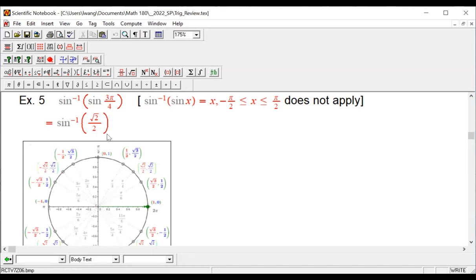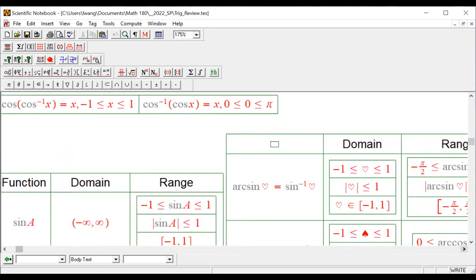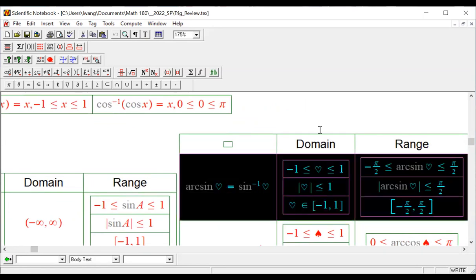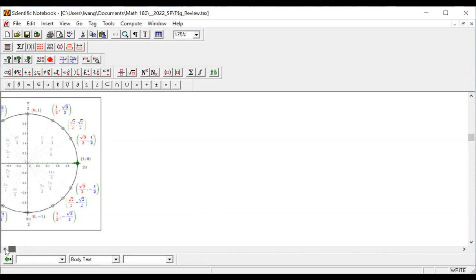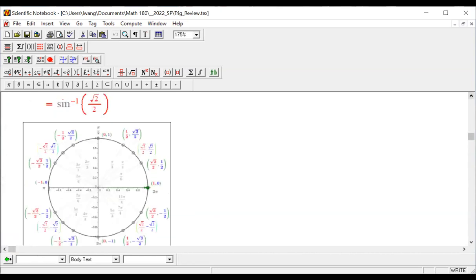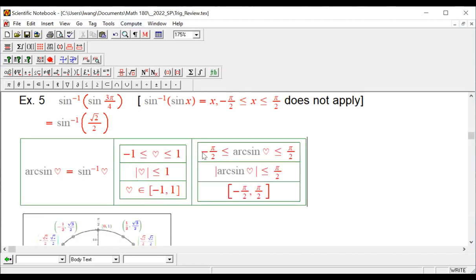And arc sine √2 over 2, we know what is the no-fly zone? The answer has to be in the range of arc sine, right? So these basic facts have to apply. The answer we are expecting in this case is dictated by the range of arc sine, which is in quadrants 1 and 4. The answer is going to be between negative pi over 2 and pi over 2.